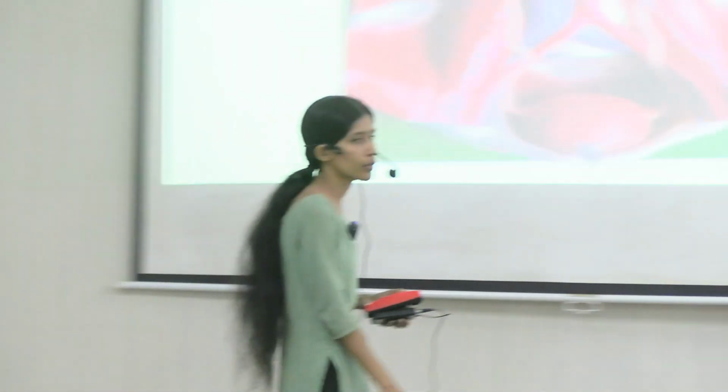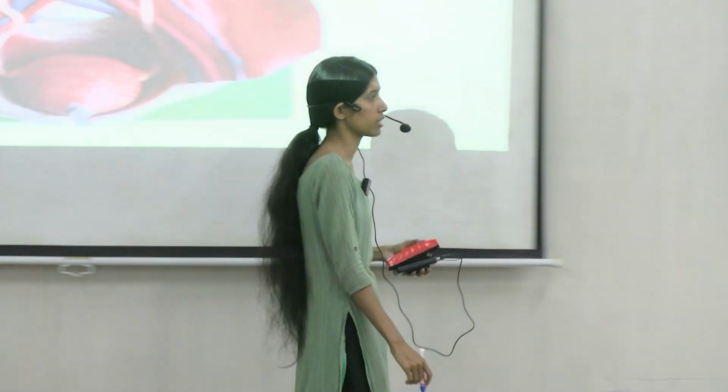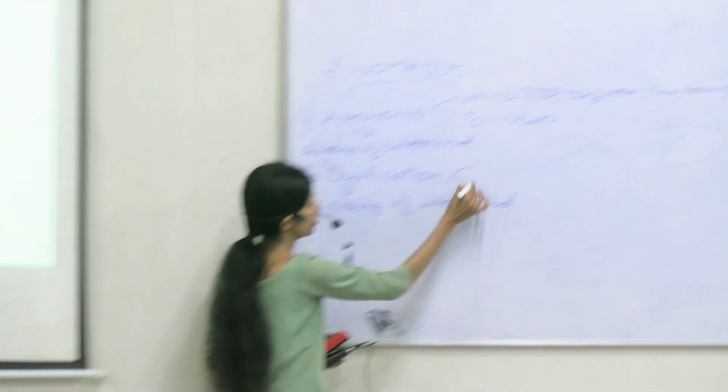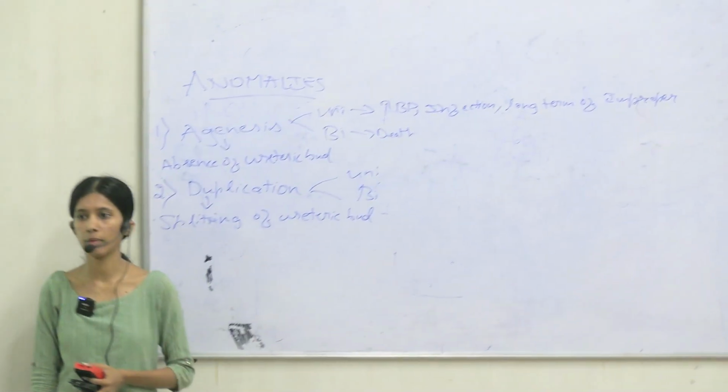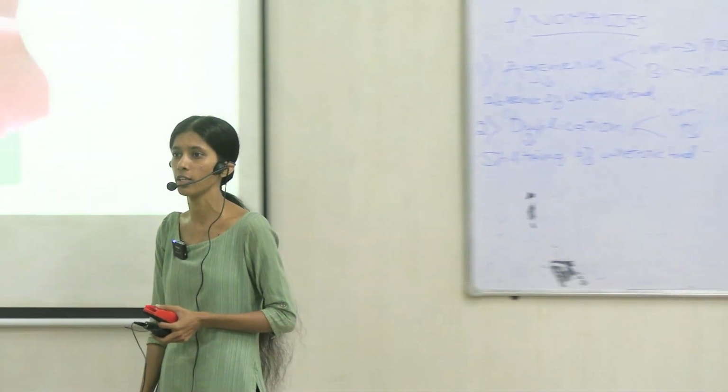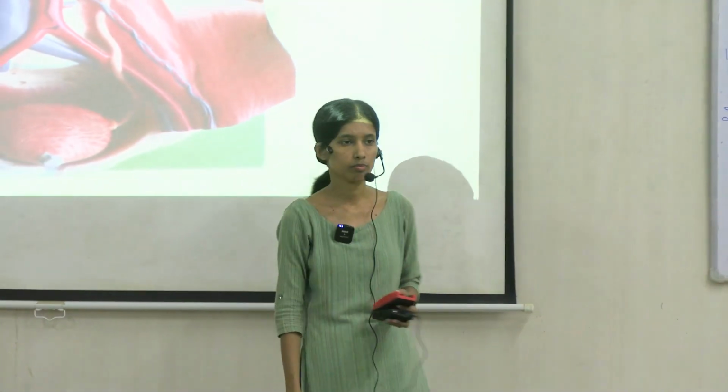It will lead to the development of one extra kidney or sometimes two. So again here also we have unilateral and bilateral conditions. Duplication can happen only on one side or on both sides.